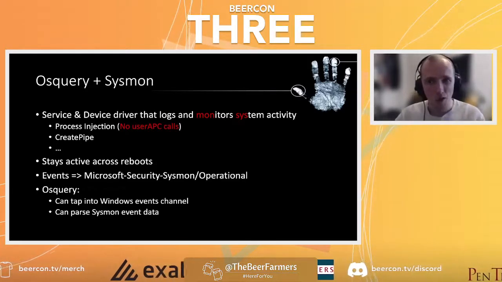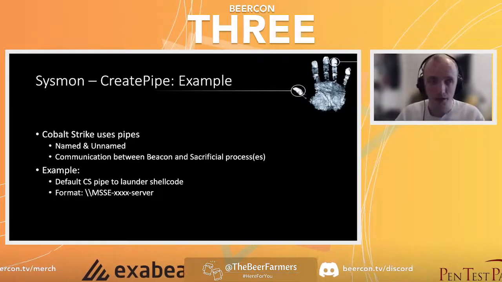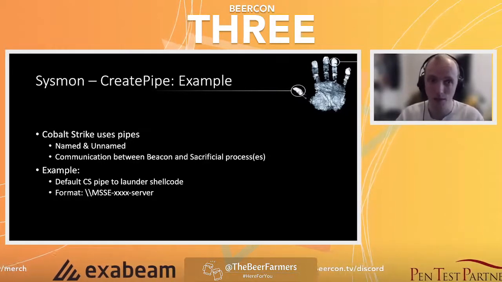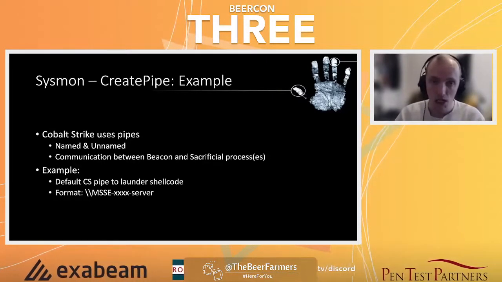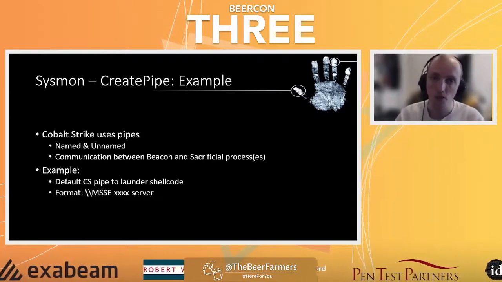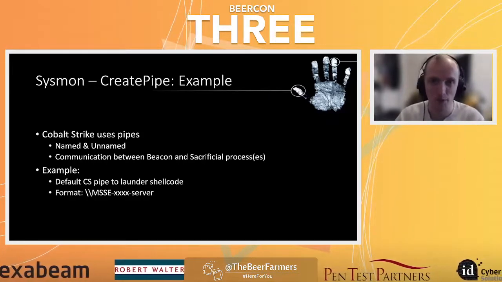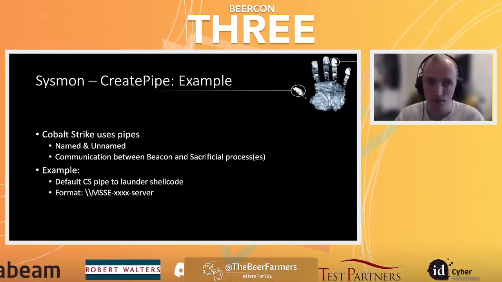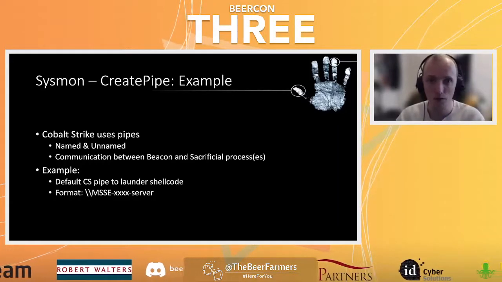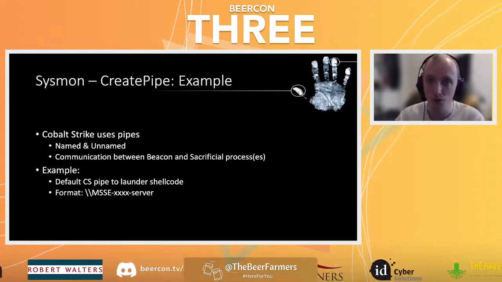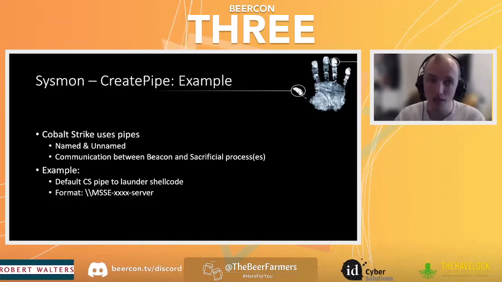Now, one example I could talk about for this is create pipe. Sysmon can monitor for create pipe and connect pipe when you use named pipes. One of the major C2 frameworks that uses pipe functionality is Cobalt Strike.